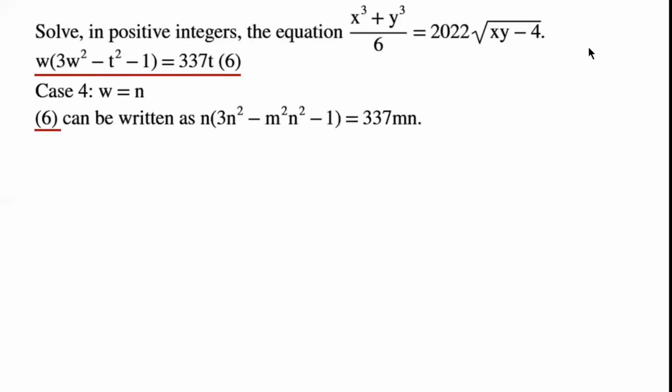Case 4, w equals n. Equation 6 can be written as n times (3n squared minus m squared n squared minus 1) equals 337mn. Since n doesn't equal 0, so 3n squared minus m squared n squared minus 1 equals 337m.